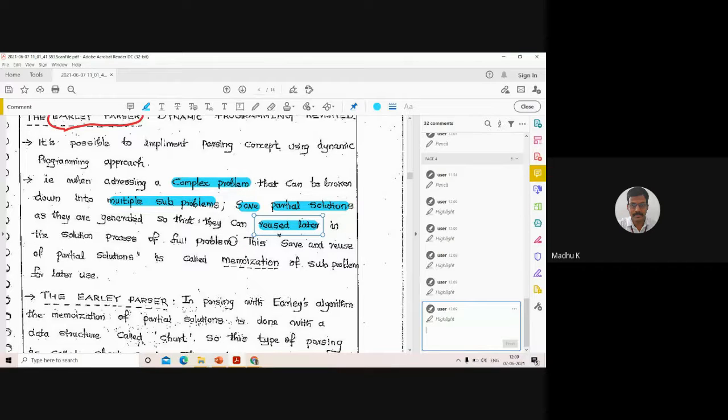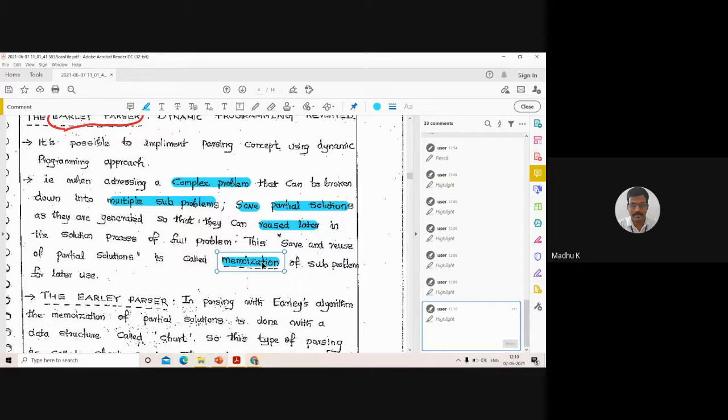This approach is called the dynamic programming approach. So we will divide a complex problem into multiple subproblems, and at the same time we will save the partial solutions. Then these partial solutions are reused later to get the final solution. This save and reuse of partial solutions is called memoization.